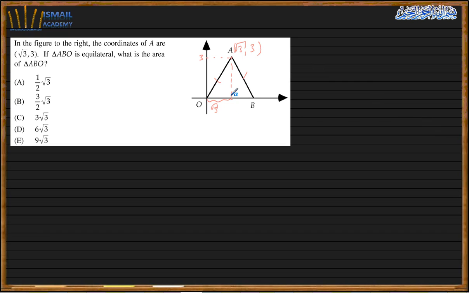The height of an equilateral triangle is an angle bisector and a perpendicular bisector, which means this side equals that side. So this again should be square root of 3, and the whole base is 2 square root of 3. So what is the area of the triangle? The area is half base times height. The base is 2 square root of 3, and the height we already know is 3.